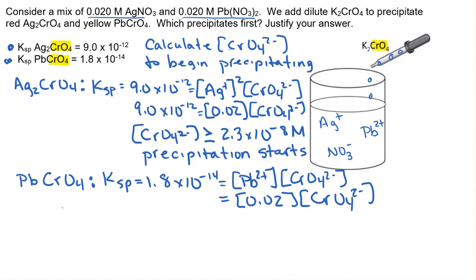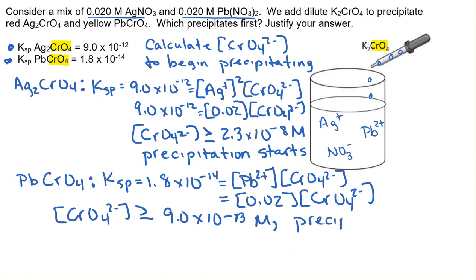And in this case, if the chromate ion concentration is greater than or equal to 9.0 times 10 to the negative 13th molar, then precipitation begins.